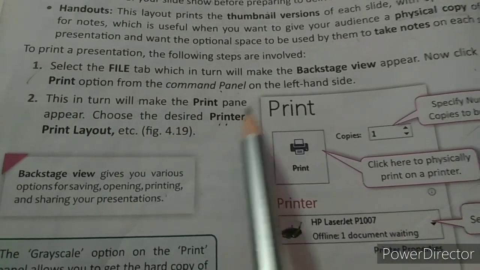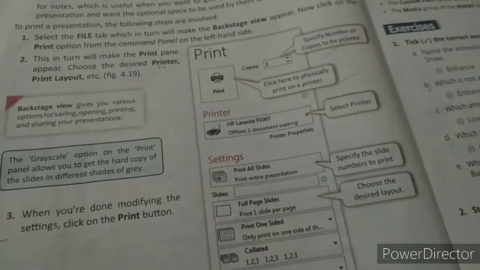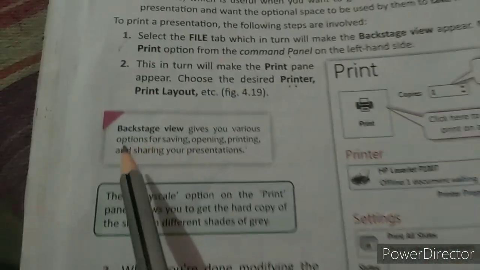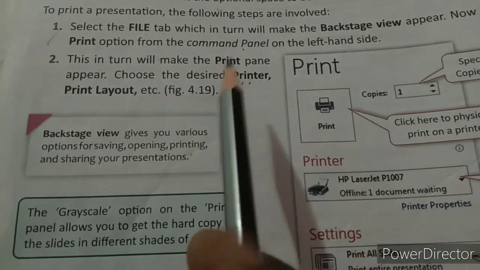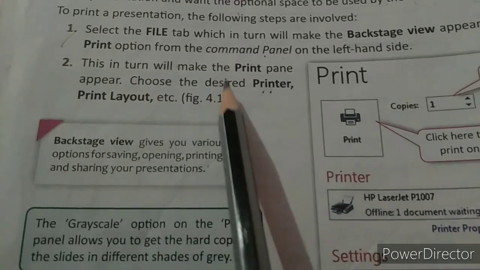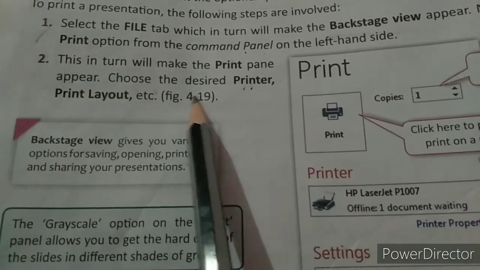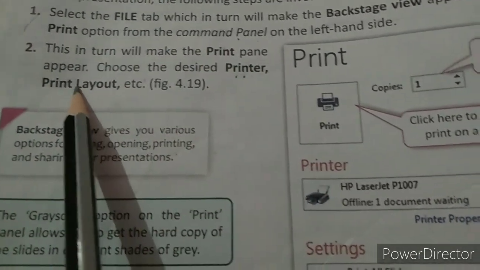Now next thing, this in turn will make the print pane appear. Now you can see this is the print pane, and here many options are there. You can change the settings. Choose the desired printer, print layout. Here there are many settings. You can change the settings, right?